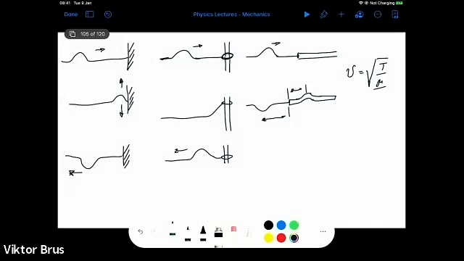And what is also important to keep in mind is that the amplitudes of these reflected and transmitted waves will be smaller than the amplitude of the original wave, because only part of the wave energy or pulse energy is reflected and part is transmitted.